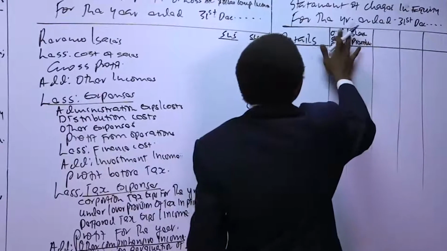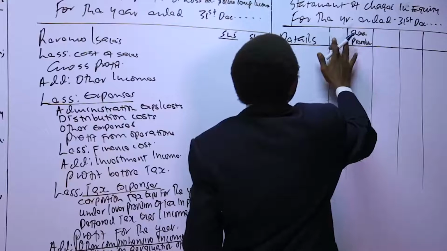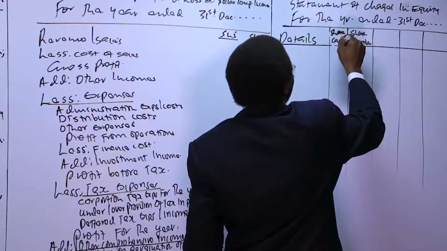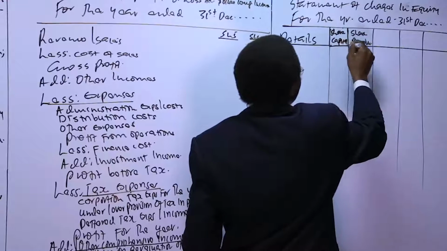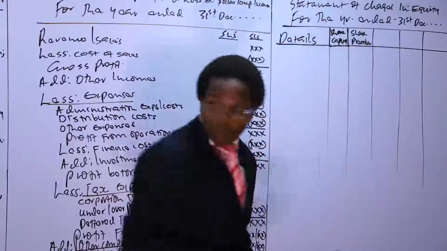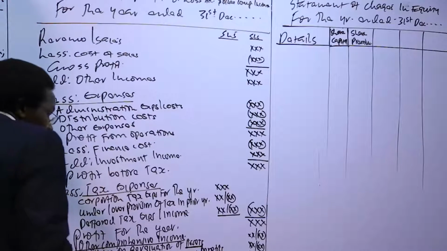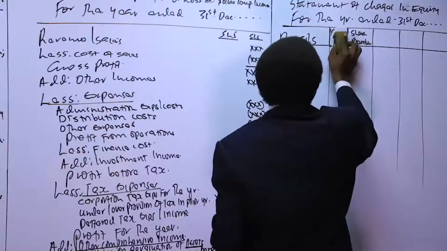Let me just call this one share capital because we may also have not only preference, not only ordinary, but we also have preference share capital. Then let me make it a little bit clearer.